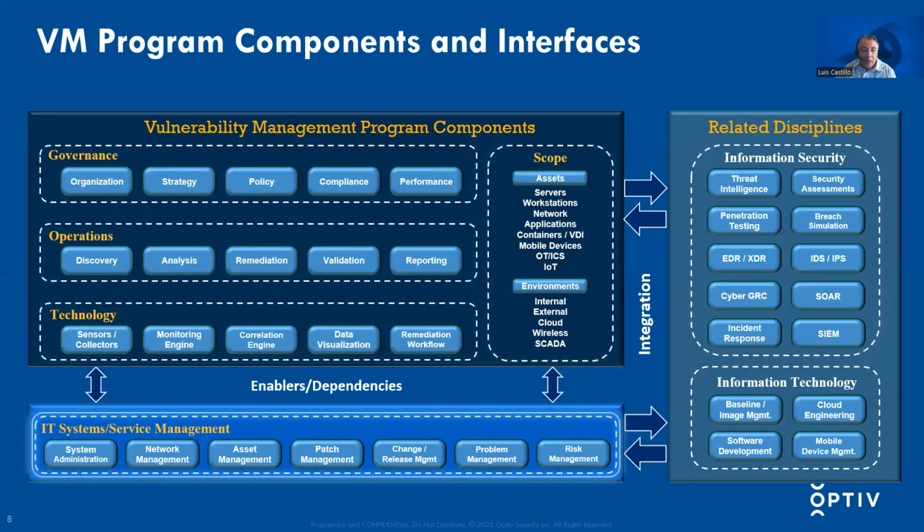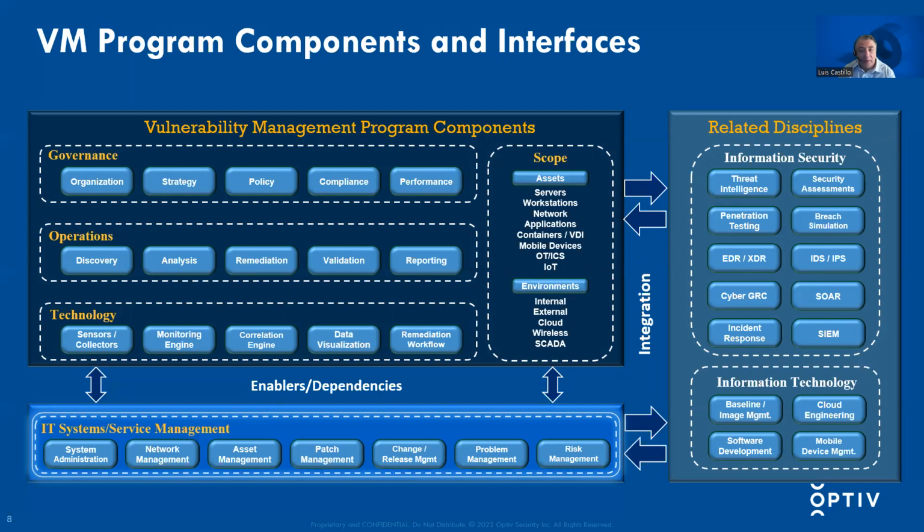Okay. We'll move to the enablers and dependencies down below. IT systems and service management. Now, this section at the bottom is what we call the enablers or dependencies. They're not directly part of a vulnerability management program, but they are critical components to the success of a program.